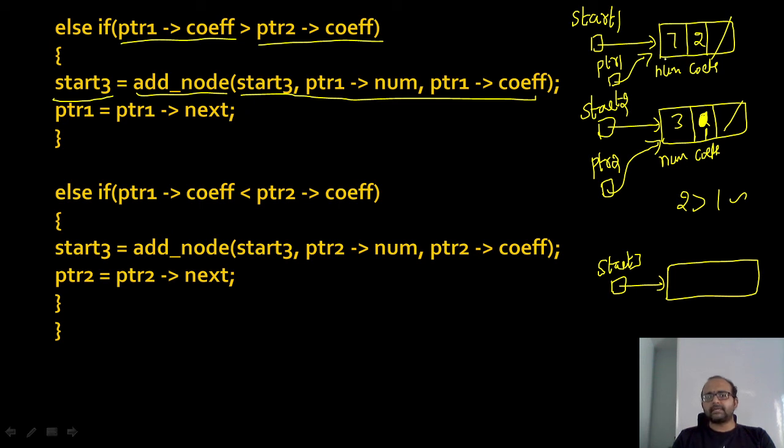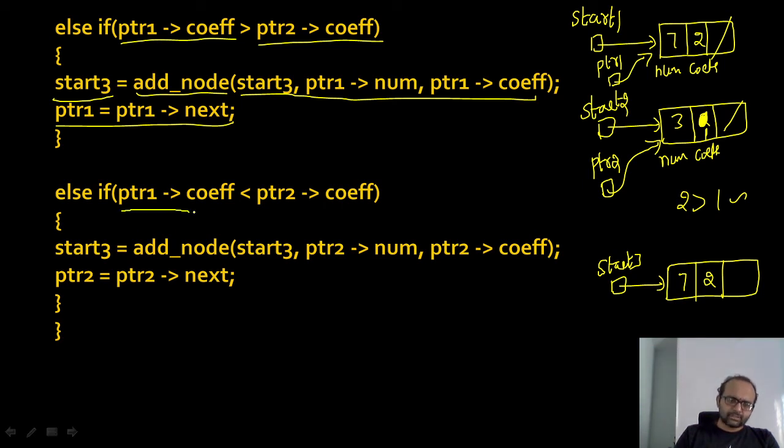So which is basically we have to place this 7 first, okay, and then 2, okay. So later we have to make this ptr1 to point to the next position. Like this clearly tells you whatever coefficient is greater, you have to keep that node first.